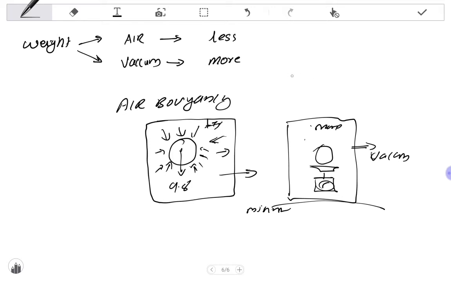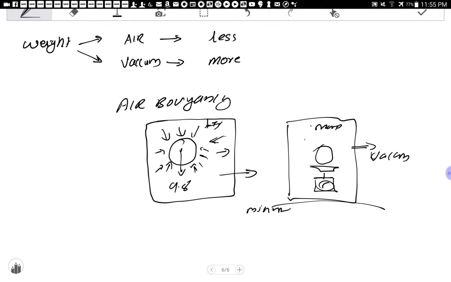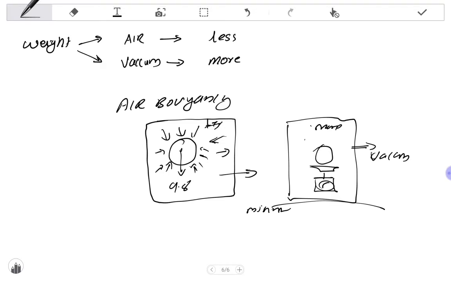Okay, that much of difference, and when you calculate, then only you will know. So for that purpose, we always calculate weight in air and weight in vacuum.